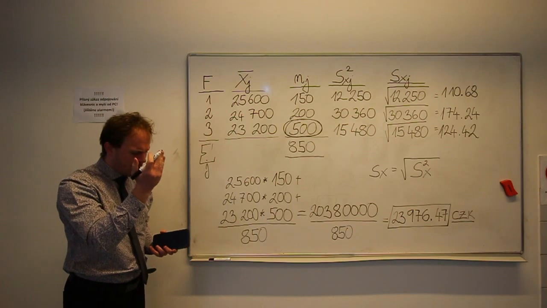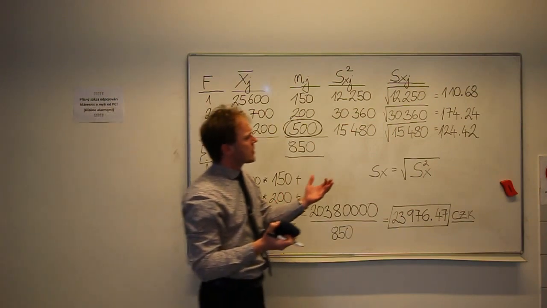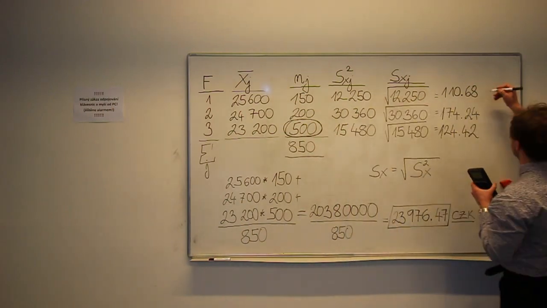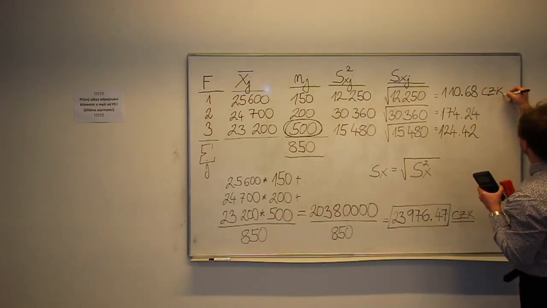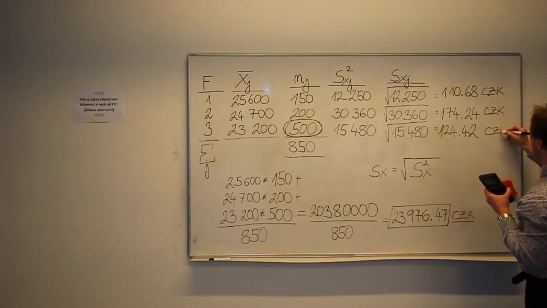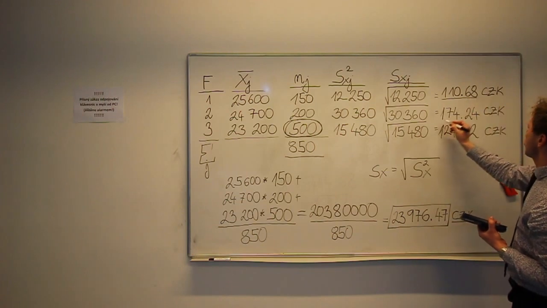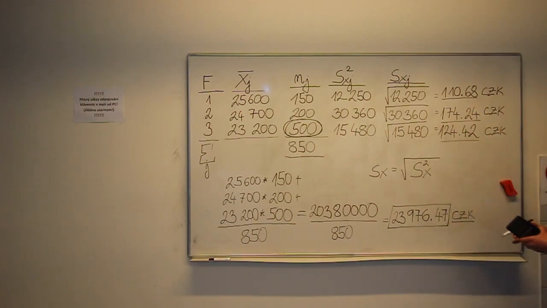The standard deviation is in Czech crowns, in the basic units, so it's easy to interpret. It's an absolute measure of variability in the basic units.